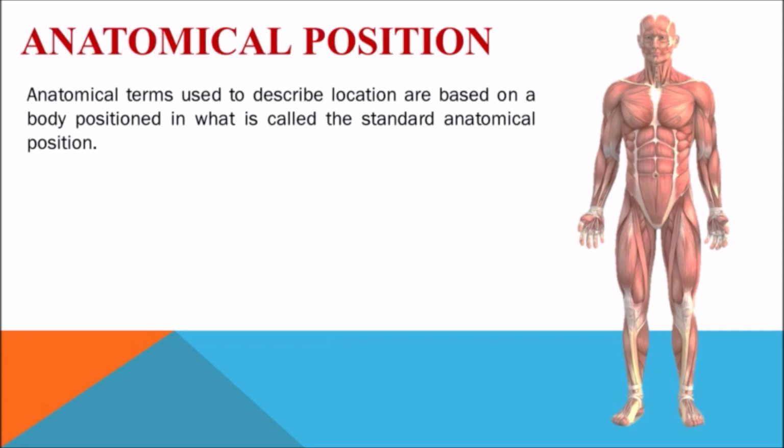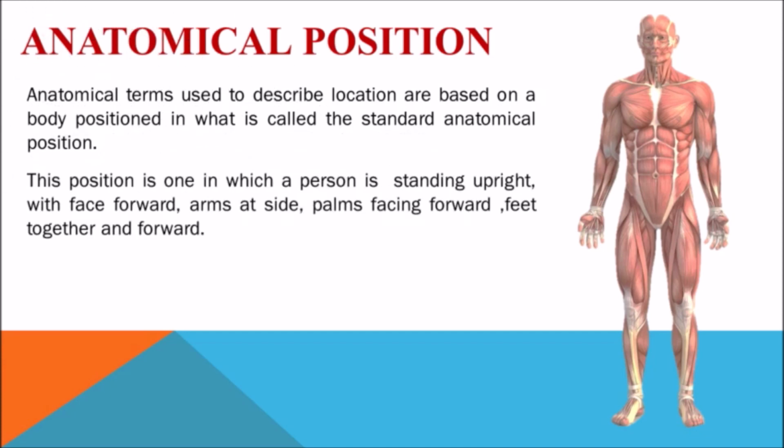Anatomical terms used to describe location are based on a body position called the standard anatomical position. This is the position in which we are going to study the different directional terms or the anatomy of the structures. In this position a person is standing upright. Here you can see this person is standing upright, not in a lying position or a sitting position.